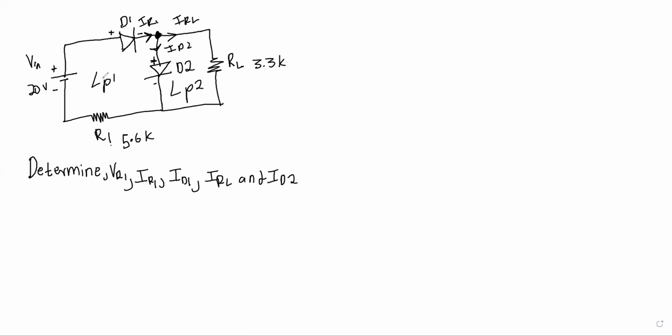To calculate VR1, we're going to focus on loop 1. Why? Because in loop 1, we have diode 1 and diode 2 in series with R1. So we will ignore the other loop for now.